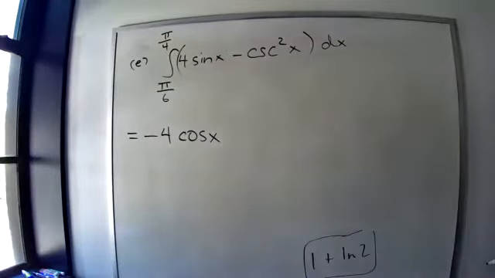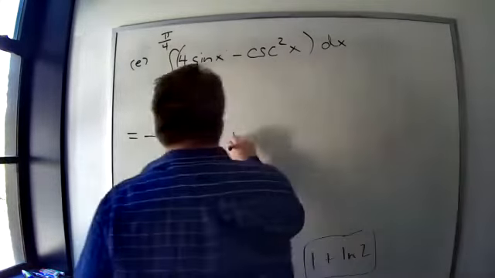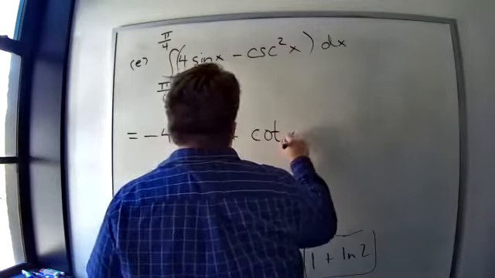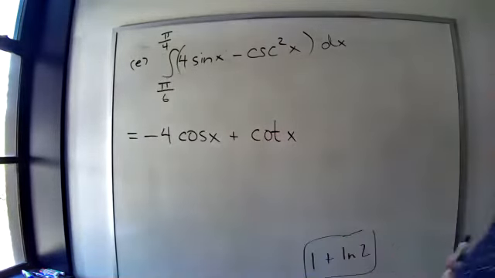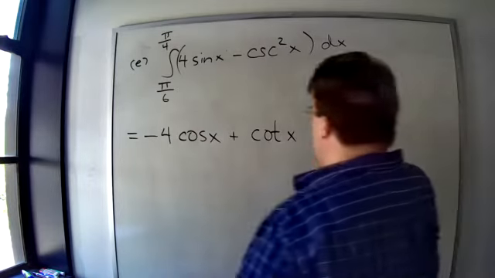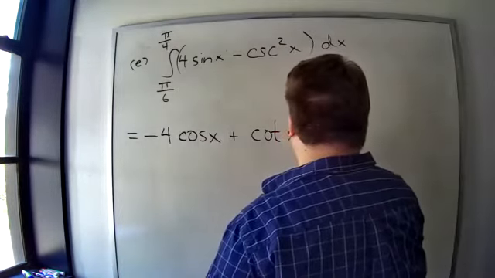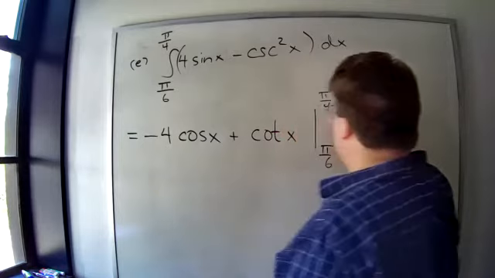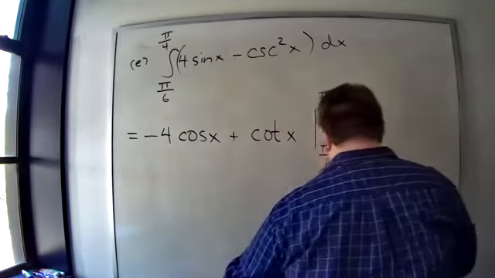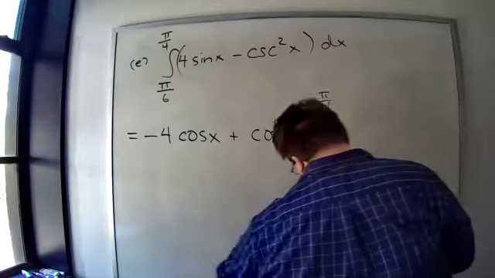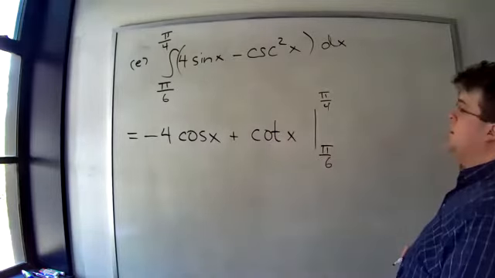Next, we need a function whose derivative is negative cosecant squared. Well, the derivative of positive cotangent is negative cosecant squared. We're evaluating from pi over 6 to pi over 4. And there are some things you could do with these negative signs.